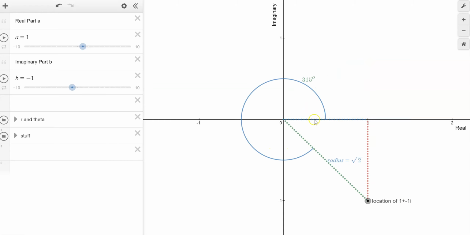So there you go. There would be the negative 1i. So 1 plus negative i, 315 degrees. So we're just finding the angle and the radius that would give us the same location. So if I do square root of 2 sine of 315, it would give me my y, and square root of 2 cosine of 315 would give me my x, my a, and my b.